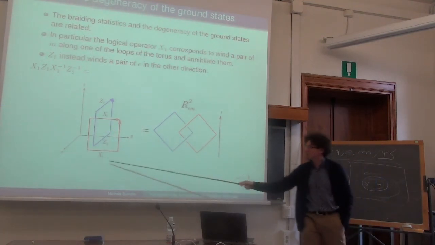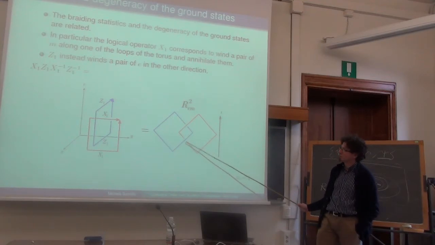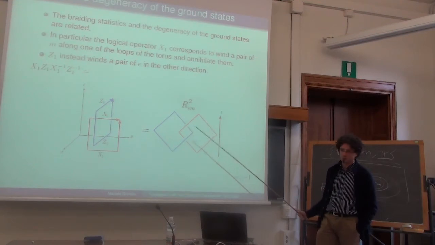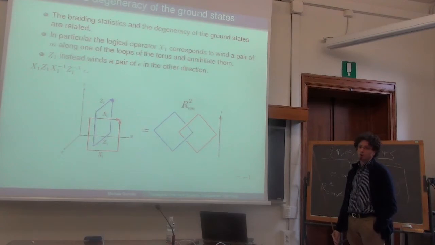But this process can be topologically deformed into a process in which essentially I wind twice an E and an M charge one around the other. So it is exactly the operator R squared that we were considering before.